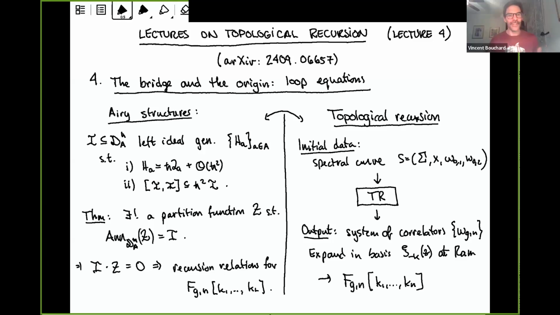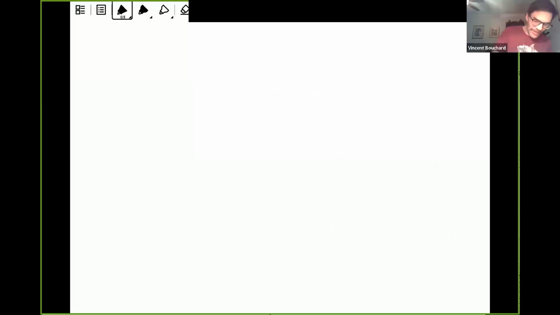And if it is a coincidence, then it is a coincidence, but the fact is that it's not a coincidence here. There is a connection between these two constructions, and this is what we'll explore today. So what is the connection? Great. The connection is the so-called loop equations.